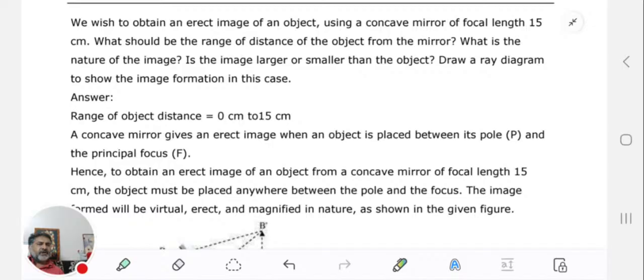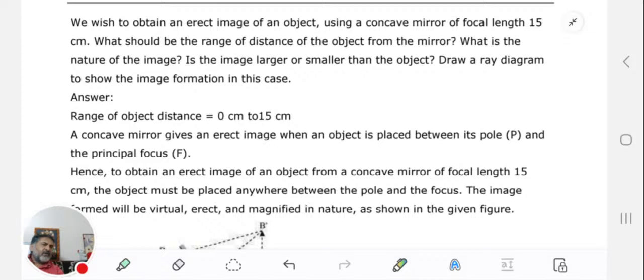What should be the range of distance of the object from the mirror? What is the nature of image? Is the image larger or smaller than the object? Draw a ray diagram to show the image formation in this case. એટલે આપણી પાસે કેવો મિરર છે બેટા? કોન્કેવ. તો એનો આન્સર છે રેન્જ ઓફ ઓબ્જેક્ટ ઇઝ 0 to 15 centimeter.